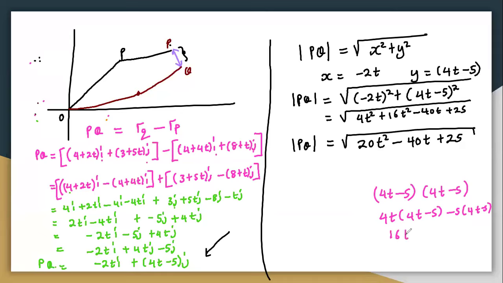Yes, sir. So this is 20t minus 20t, then plus 25. So negative 20 minus 20 is where we get the negative 40t. Okay, thank you so much, sir.